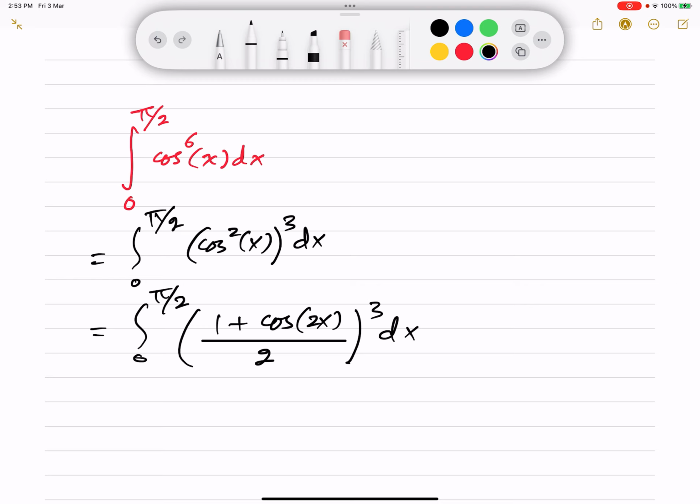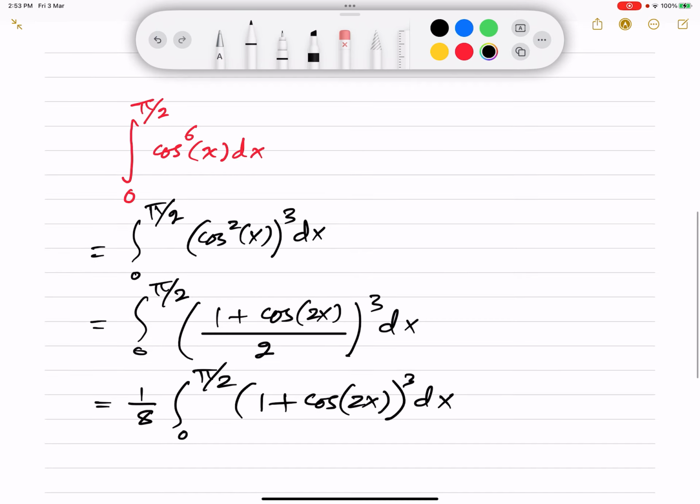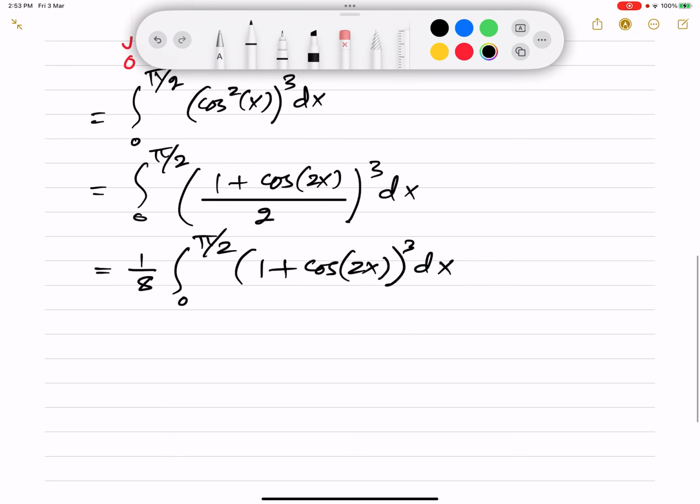And then we can get the half outside the integral, so half to the power 3 is 1/8. We get the 1/8 outside, and we're left with 1 plus cosine 2x all to the power 3. Now for that, we can either multiply 1 plus cosine twice the angle 3 times by itself, or we can benefit from the binomial expansion.